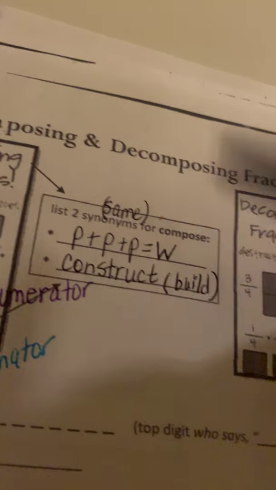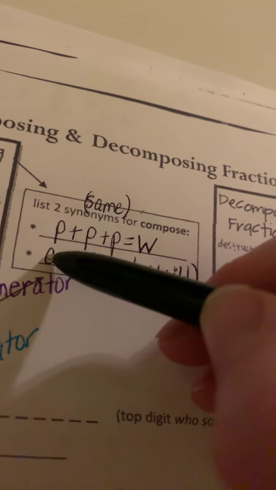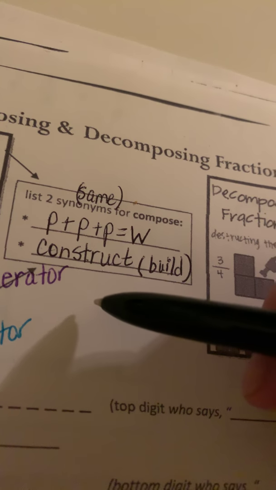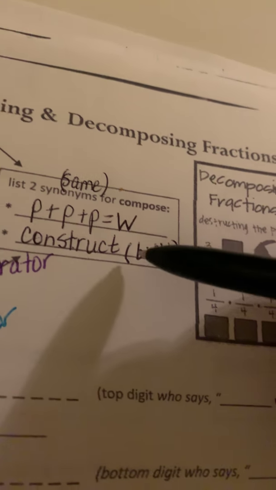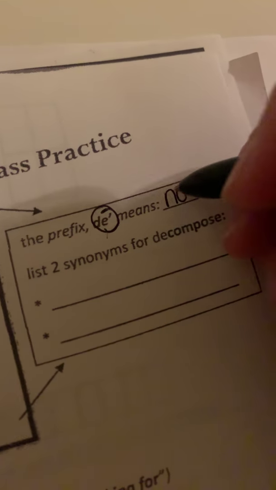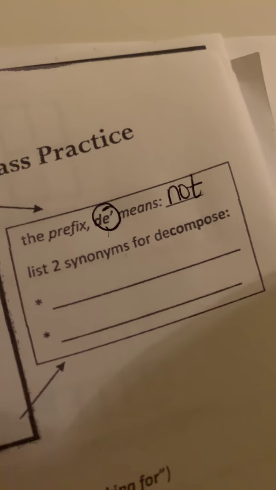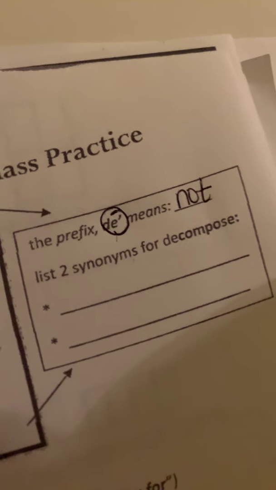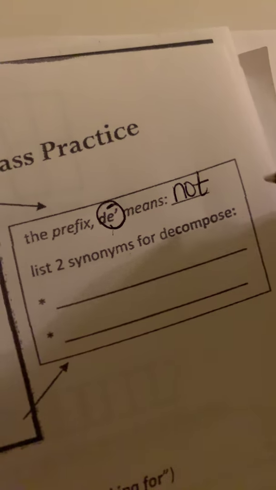Composing means building. If you decompose, if you deconstruct, if you destruct or you don't build, deconstruct, decompose means, the prefix D means not. Like if you destroy something, destroying means not building. So this prefix on decompose, D means not composing.